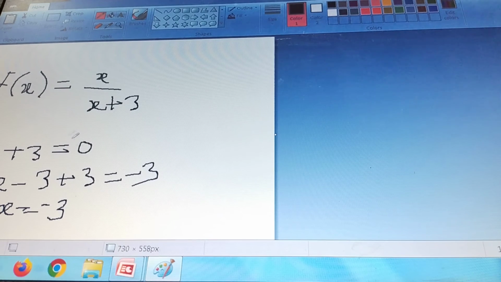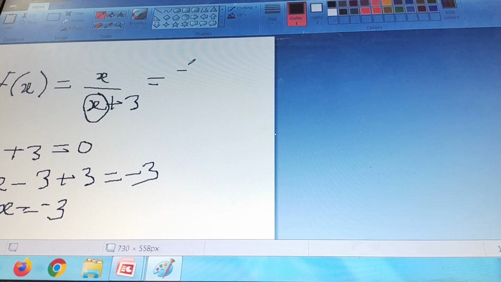So f of x is undefined when we plug in x is minus 3. That is, when we plug in x is equal to minus 3, our function is minus 3 upon 0, and we cannot define the value of this. That's why at x is equal to minus 3, f of x is undefined.